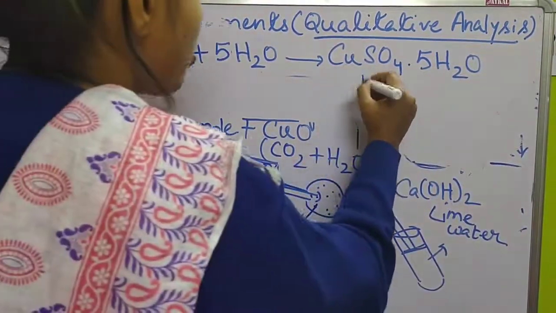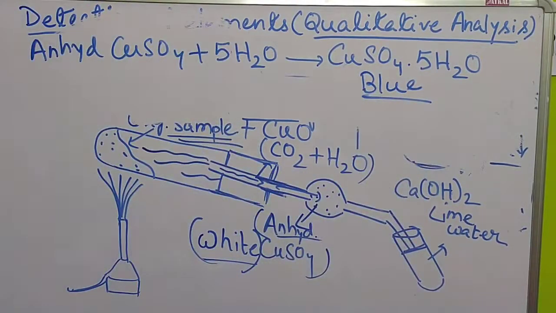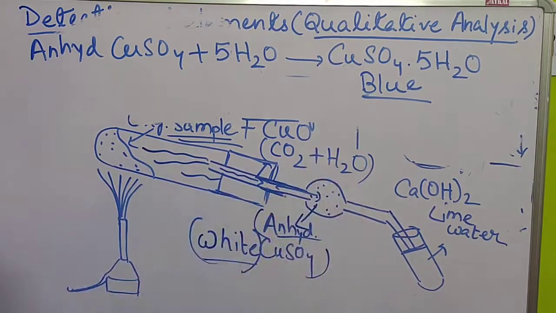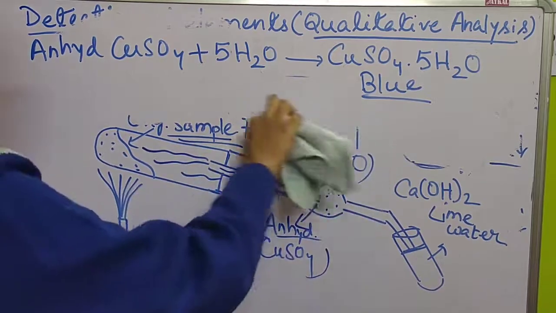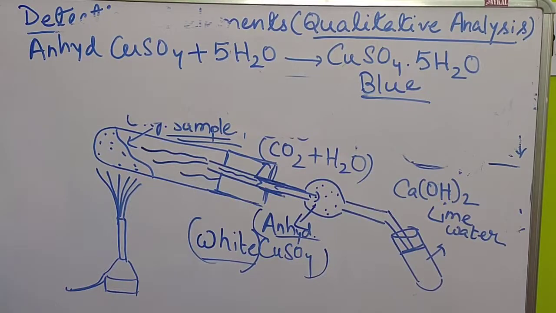So if the gaseous mixture, when passing through the bulb containing anhydrous copper sulfate, changes its color into blue, that means this gaseous mixture contains water vapor. Water vapor present means hydrogen is present in the organic sample.